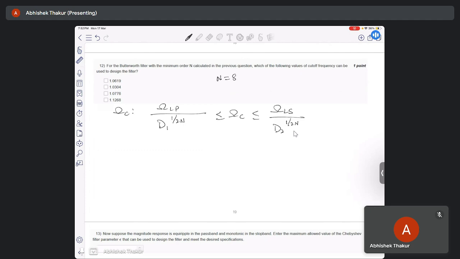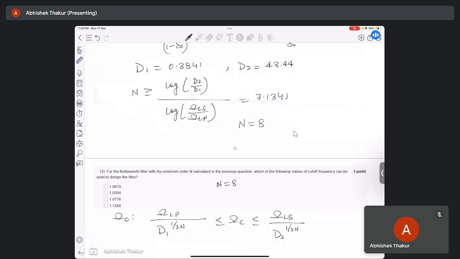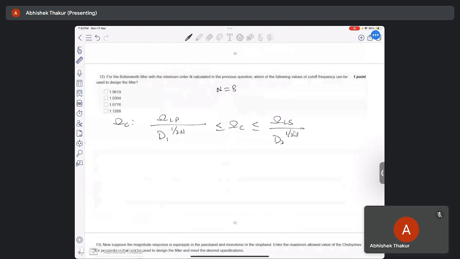Already we have all the parameters omega LP, omega LS, D1 and D2. We'll substitute all these values in this. So after substitution, we will get 1.061 is less than or equal to omega C, and omega C is less than or equal to 1.1004.